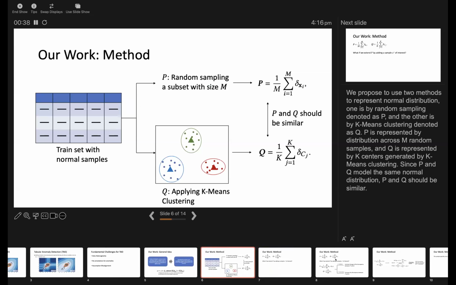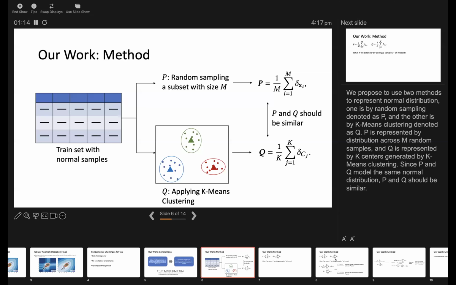We first propose to model the normal train set with two methods. One is randomly sampling a subset with size M, denoted as distribution P, and the other is applying the k-means clustering method, denoted as distribution Q. The distribution P is represented by the distribution across M random samples, and the other distribution Q is represented by the distribution across K centers generated by the k-means clustering method.